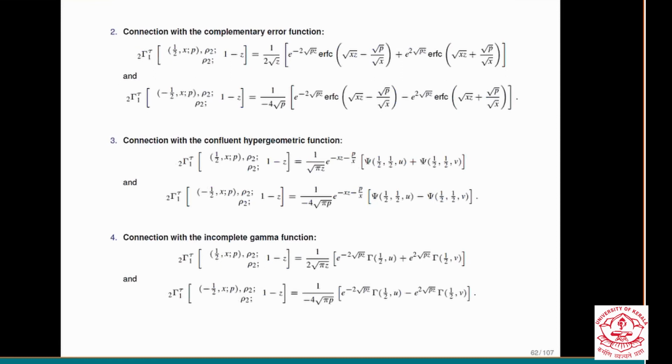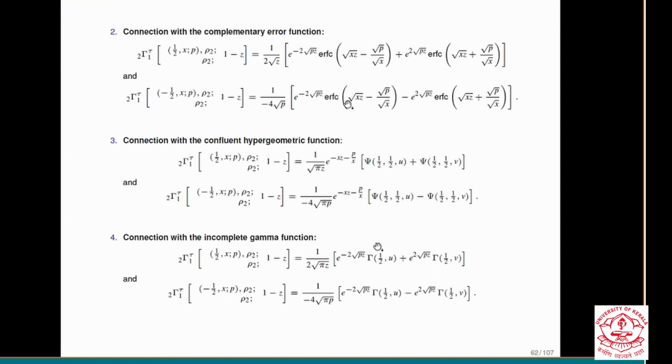And next now, this is a connection with the incomplete gamma function. So this can also be put in the form of this. This is the fourth one that is given by this, and one relation is given like this. So here again, if you see, e raised to power minus 2 under root p there. Okay, and this is in the form of this.